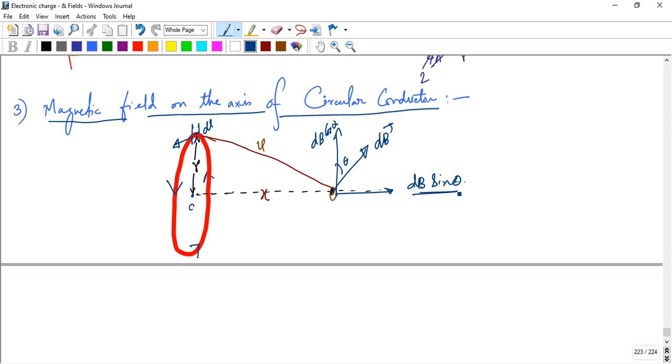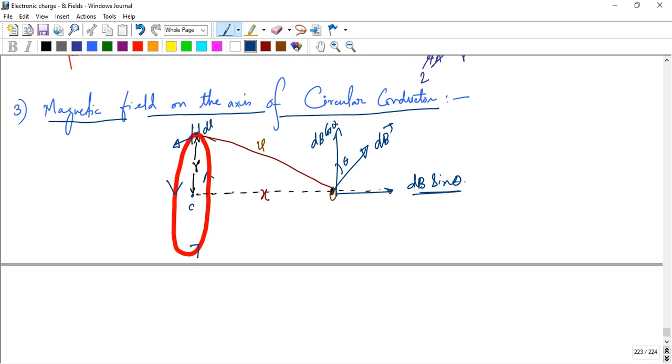The dB sin theta is the magnetic field along the axis of the circular conductor, and dB cos theta is perpendicular to the axis. So dB sin theta is parallel to the axis, along the same line as the x-axis.